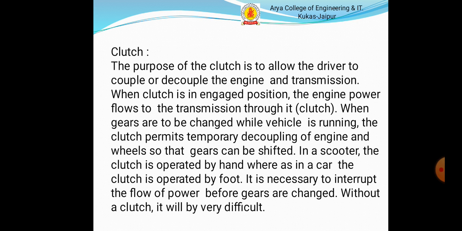In a scooter, the clutch is operated by hand, whereas in a car the clutch is operated by foot. It is necessary to interrupt the flow of power before gears are changed. Without a clutch, it is very difficult.